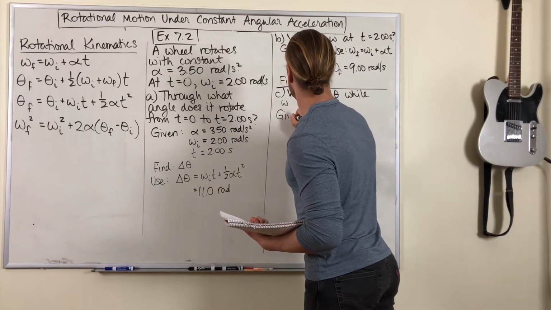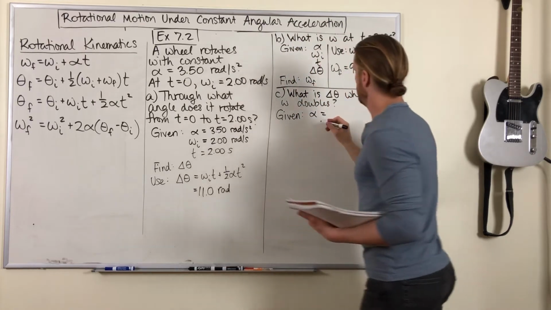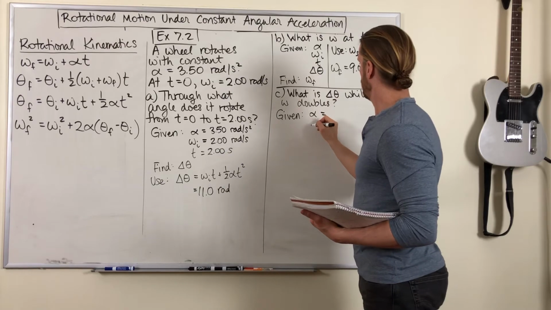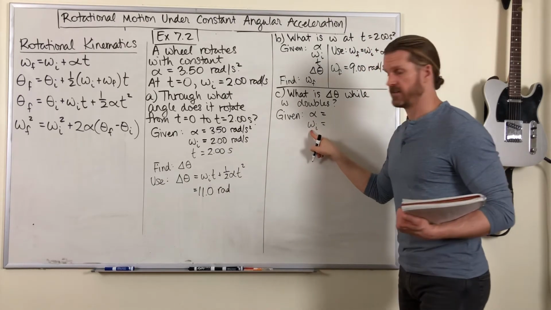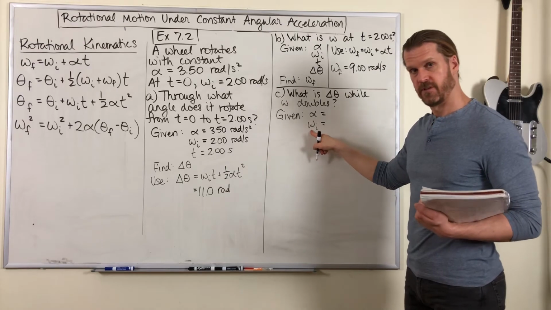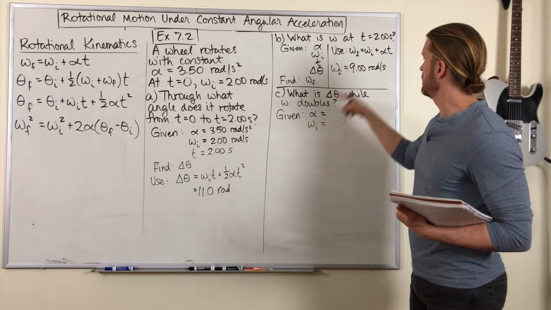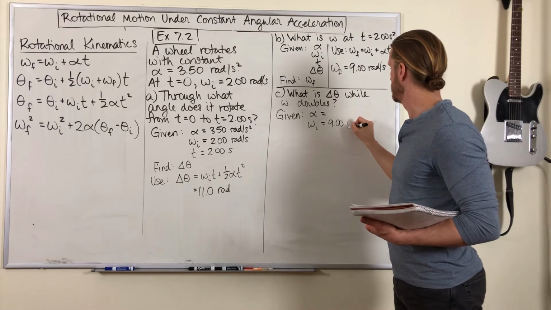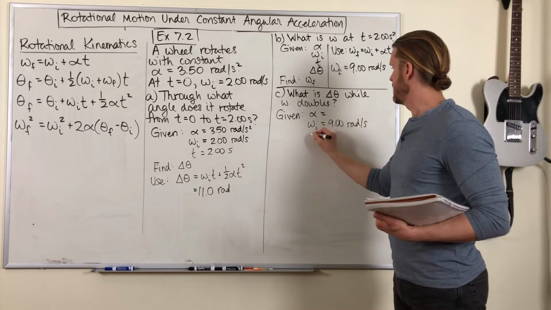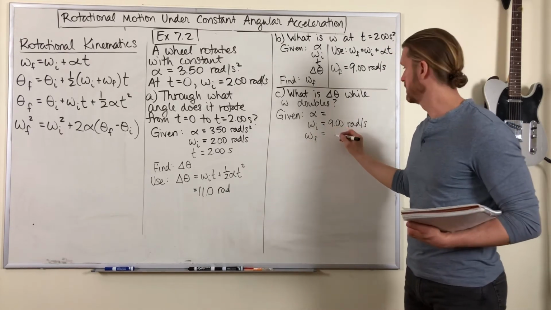What it's saying is that we have an initial angular velocity equal to 9 radians per second, and we have a final angular velocity equal to double that, 18.